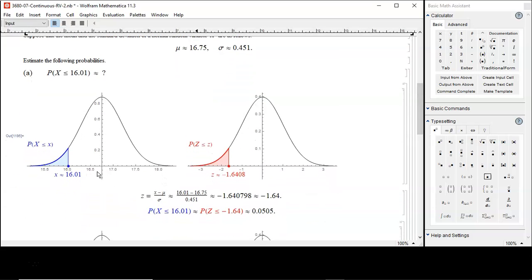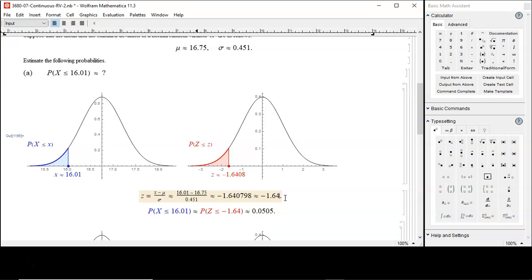Here, centered at 16.75, 16.01 is here and shaded to the left. And then if you standardize it, Z is (x minus mu) over sigma. So calculate it. X is 16.01, mu is 16.75, remember? And sigma is 0.451 there, and calculate.